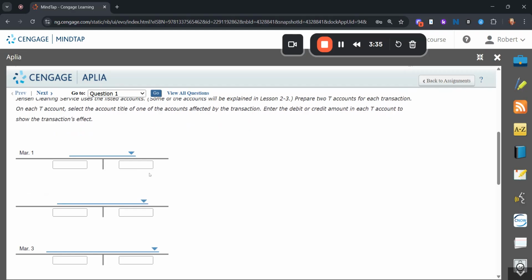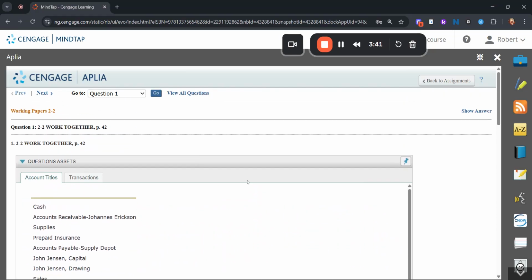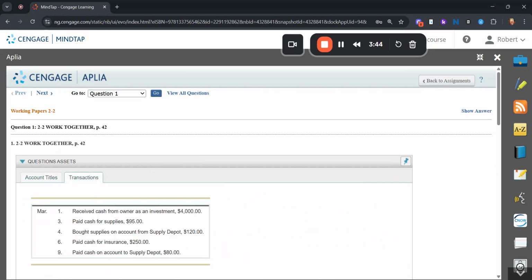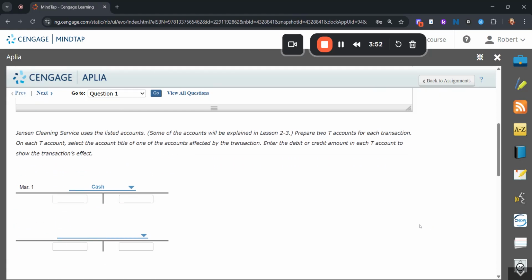So we'll start with March 1st. That was a cash, was our first account. If you go back to the transaction, that's received cash. So the business received cash, so cash is going to increase.